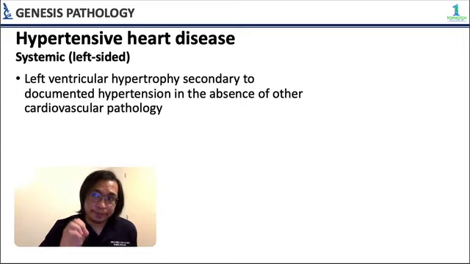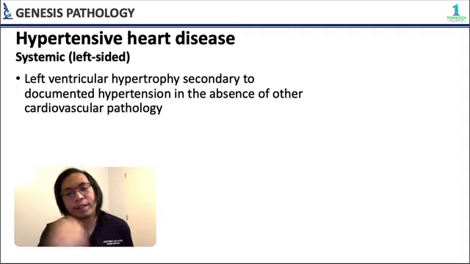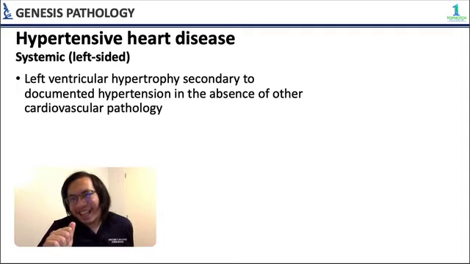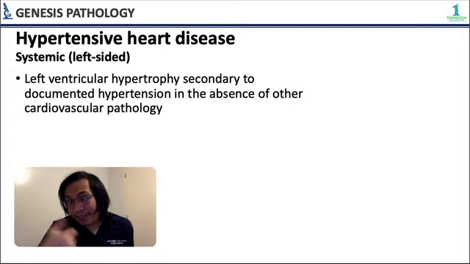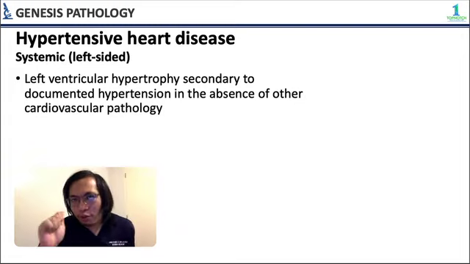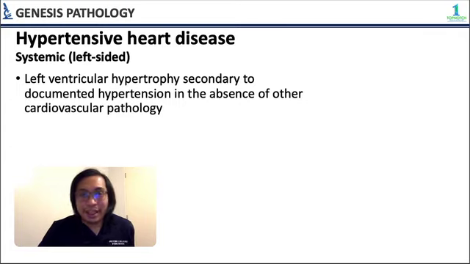So, let's say, you have primary hypertension, mataas yung BP mo sa systemic circulation. Again, the heart, the left side, systemic tayo. The heart has to overcome those pressures. So, kailangan mag-adapt. So, adaptation natin is hypertrophy.